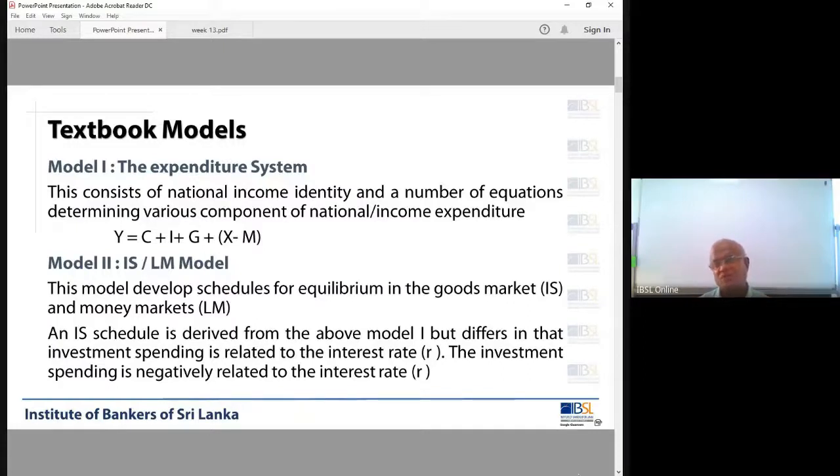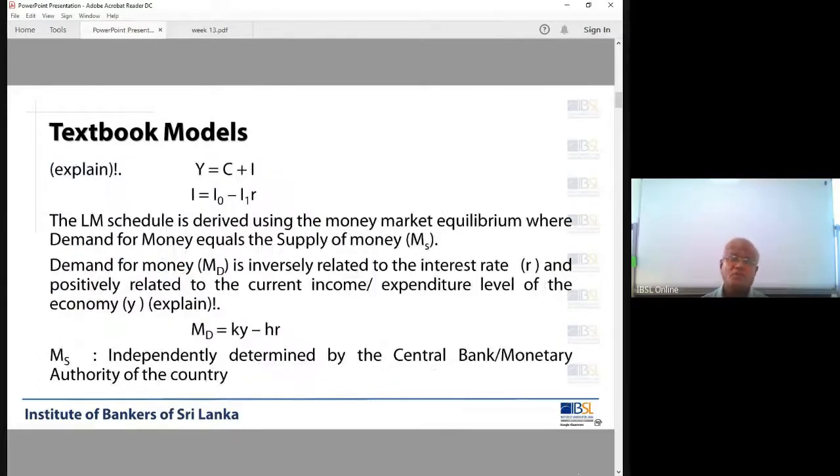That is the objective not only of the Sri Lankan government, but almost all the regional countries. They are trying to encourage investors by giving more and more incentives, non-monetary incentives, or incentives through interest rate reduction. So therefore, now the discussion: investment is negatively related to the interest rate.